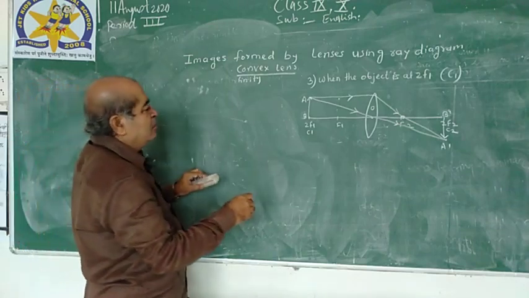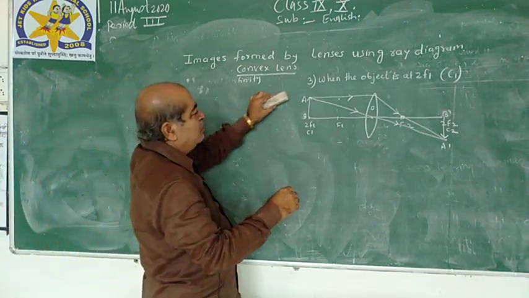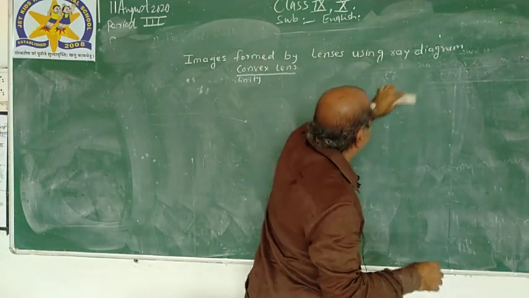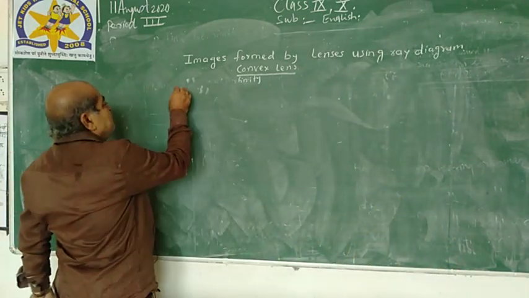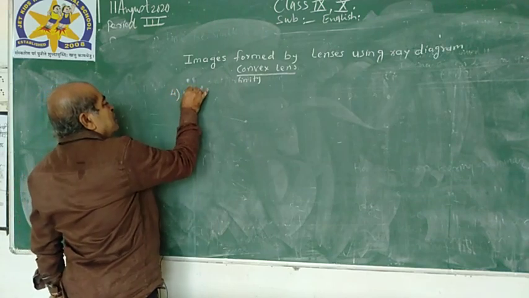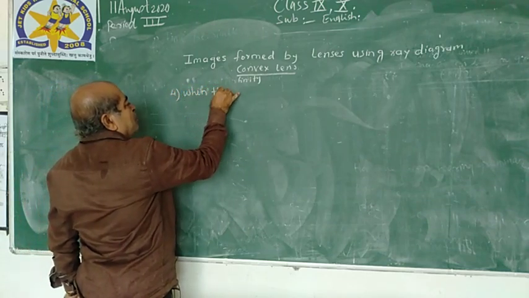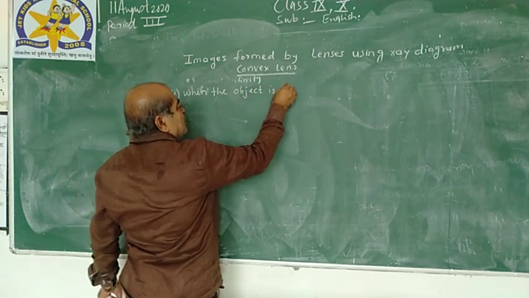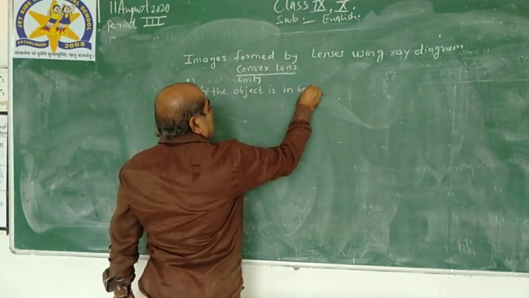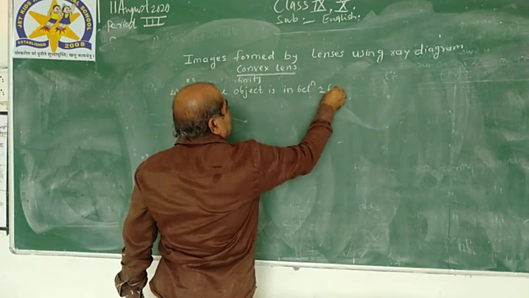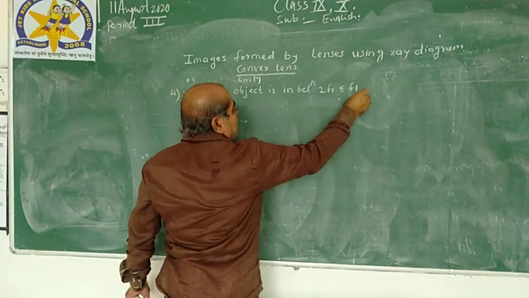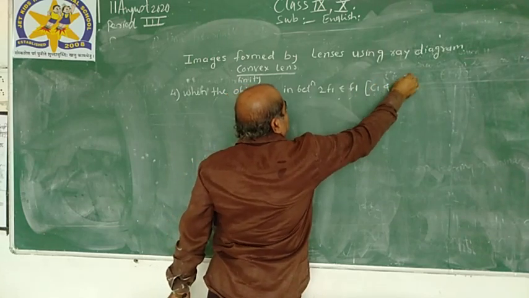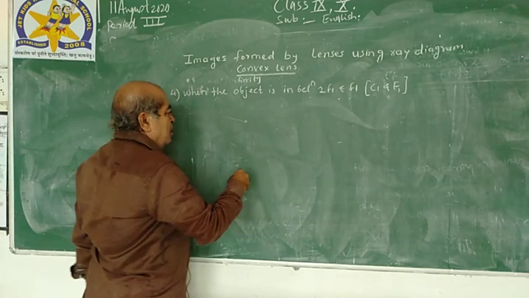Consider then, again, the fourth position of the object, when the object is in between twice F1 and F1, which means between the center of curvature C1 and F1.